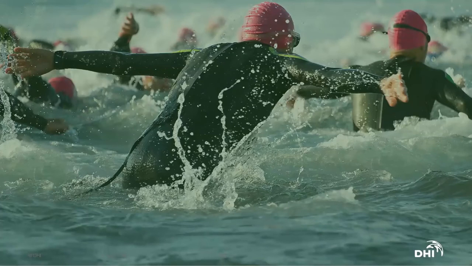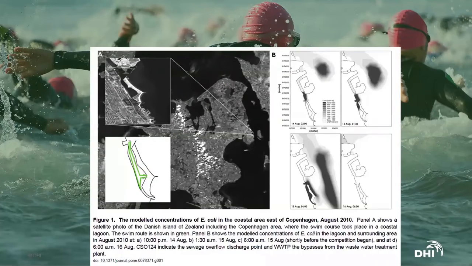Here you see Zealand on the photo on the left, and the Amager Beach Park is in the upper left corner, and just below you see the green route where the swimmers were swimming, and on the right you see E. coli concentrations developing outside Copenhagen and also entering the lagoon.